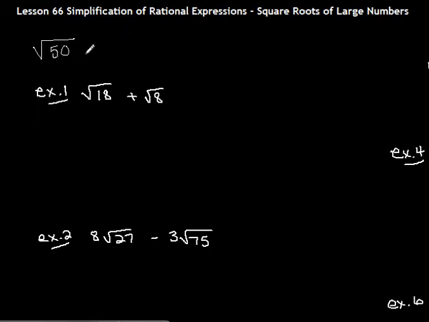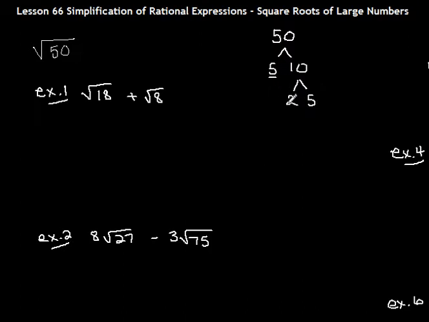So we have square root of 50, and we're going to simplify the square root of 50. The way that we did it in class was we took 50 and we did a factor tree. So we did 5 times 10, or you could have done 2 times 25, and then we can do 2 times 5.